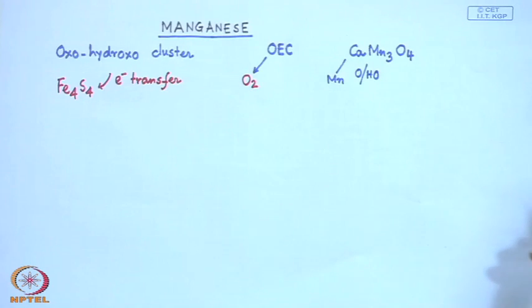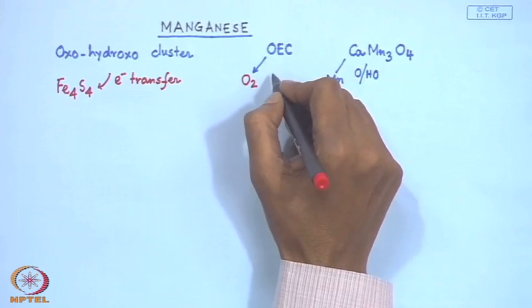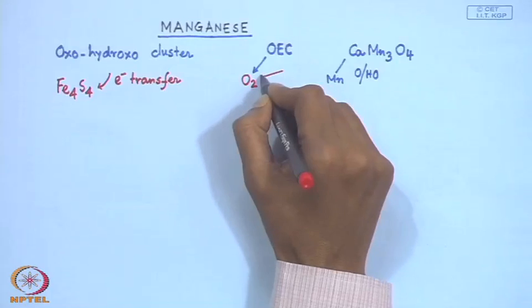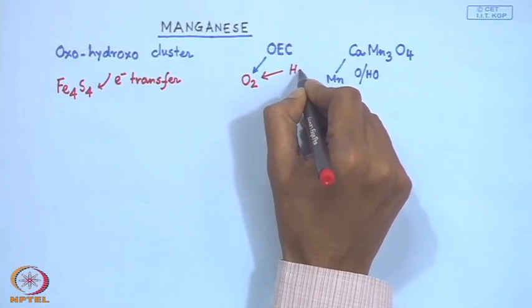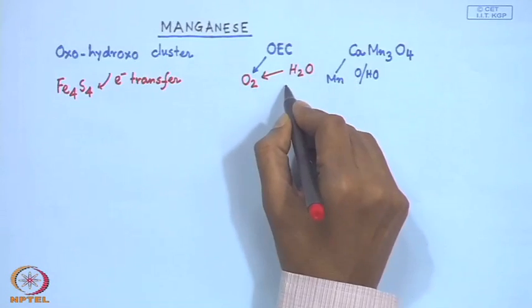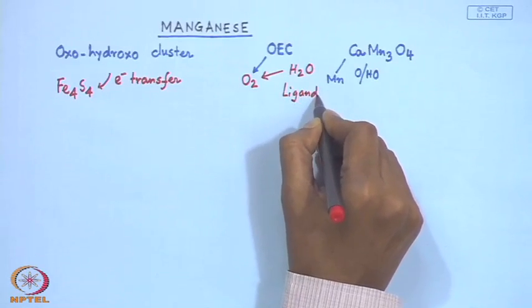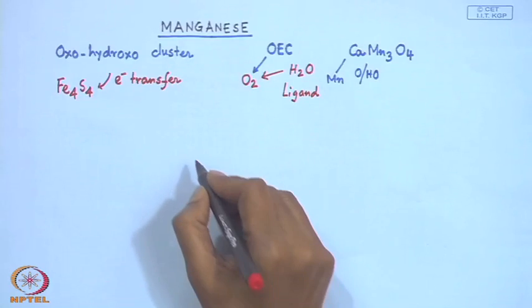In this particular case it has some other roles to play, because to get this dioxygen we have to use water, and this water should be a very good ligand for this cluster system.